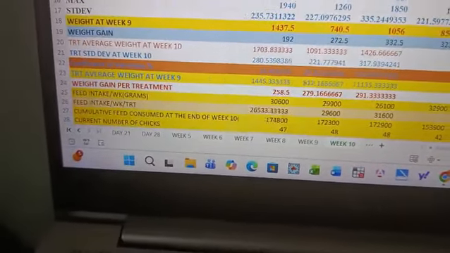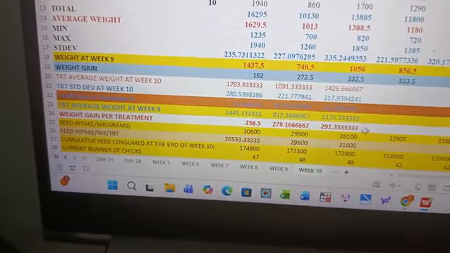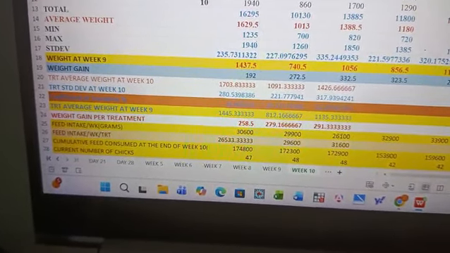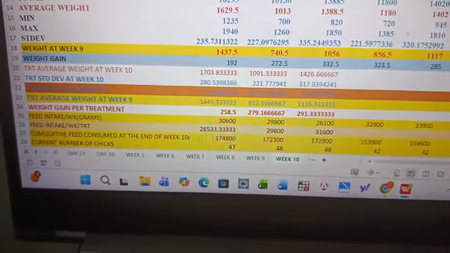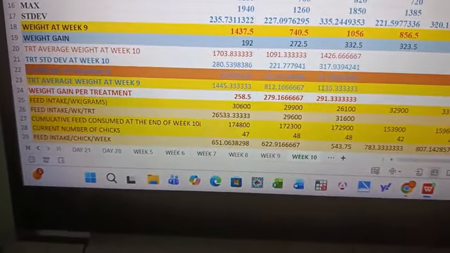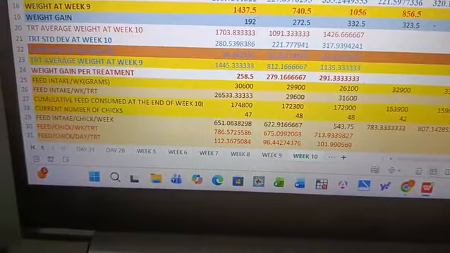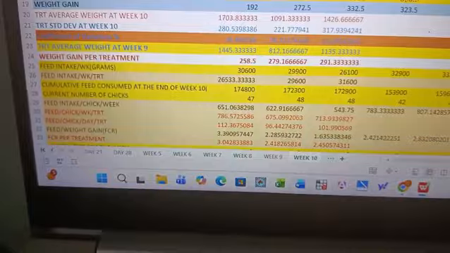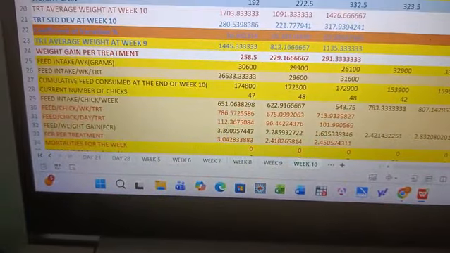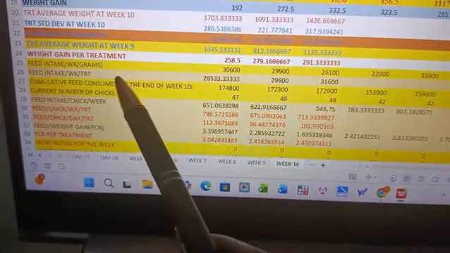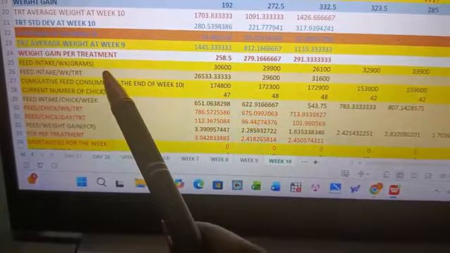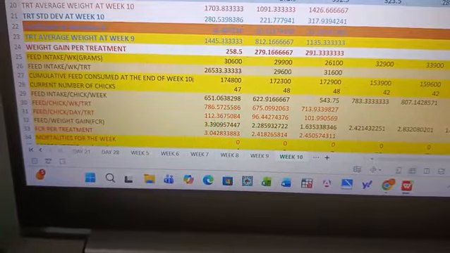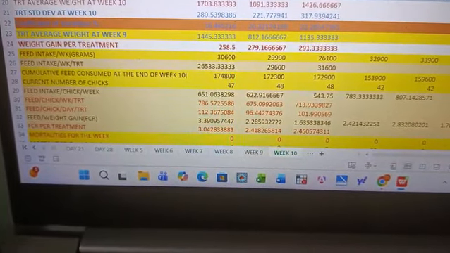So this again sends some signal, because we are able to see how the weight is varying across the various treatments. The other important parameter that is probably of interest to farmers is feed intake, how much feed each bird was consuming.